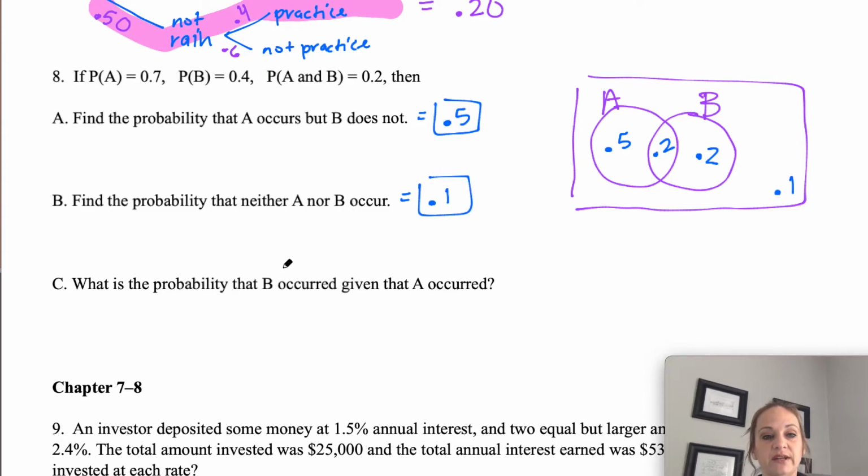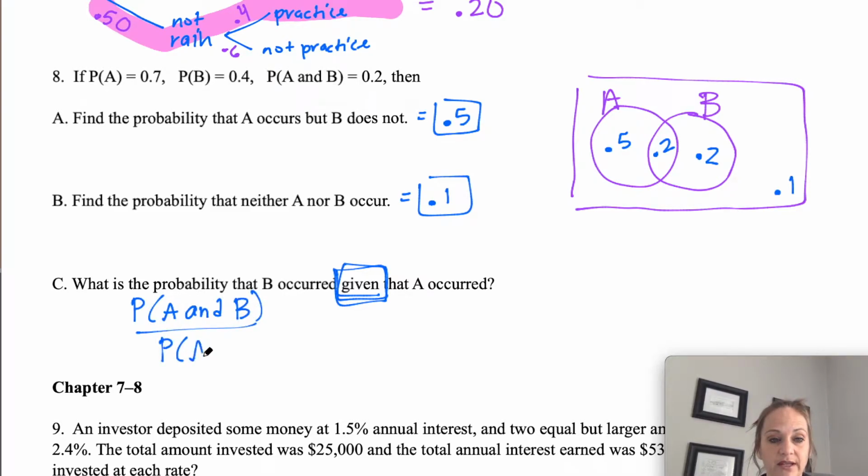And then what's the probability that B occurred given that A occurred? This is where you do the probability of A and B, probability of both, divided by the probability that A occurred. So the probability of both is 0.2. The probability of A, look at your original probability of A. Don't look at the 0.5.